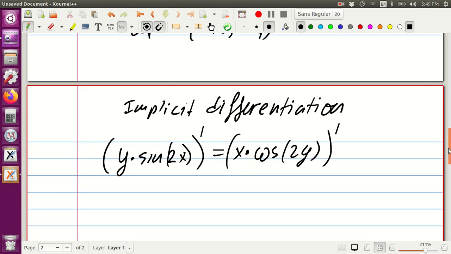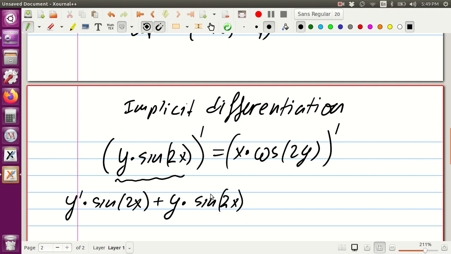So let's look at the left side first. Inside we have a product of two things, y times sine of 2x. So we're going to use the product rule first. The product rule says take the derivative of y, and we can't really calculate it yet, times the sine of 2x, plus y times the derivative of sine of 2x. I'm not calculating any derivatives yet, I'm just using the product rule.